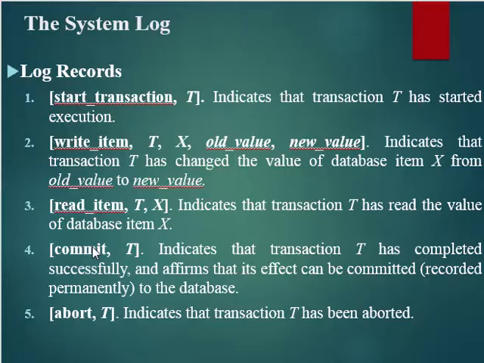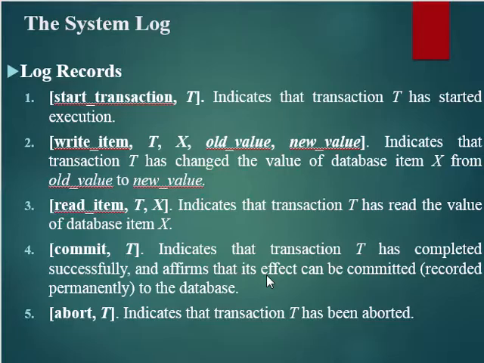So here each transaction ends with either a commit operation or an abort operation. Commit indicates that the transaction T has completed successfully and affirms that its effect can be committed to the database.